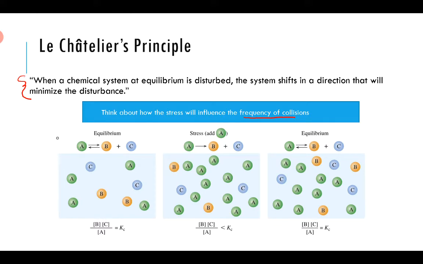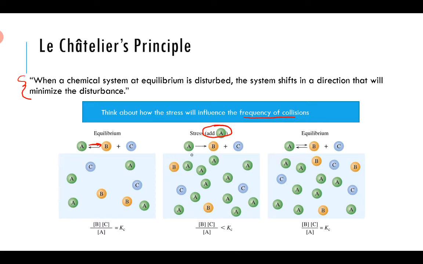So now let's say that we add a whole bunch of A. If we add a whole bunch of A, that takes my initial forwards reaction and makes it much, much bigger than my backwards reaction. The backwards reaction is still going, but just not nearly as fast.